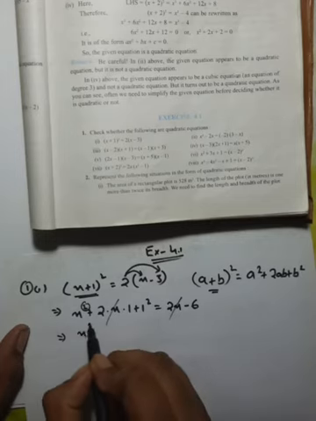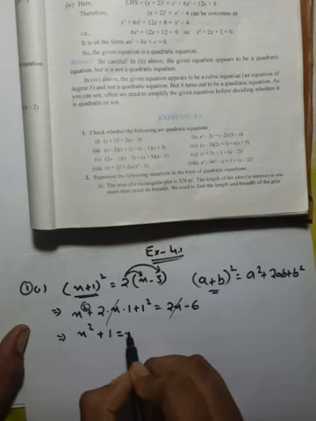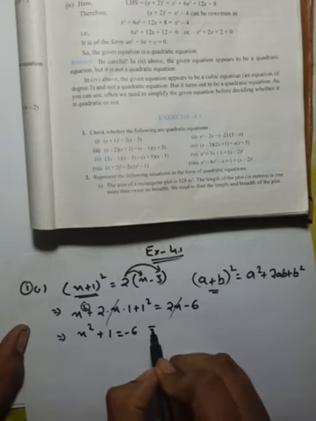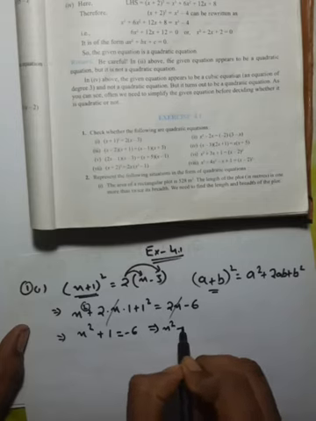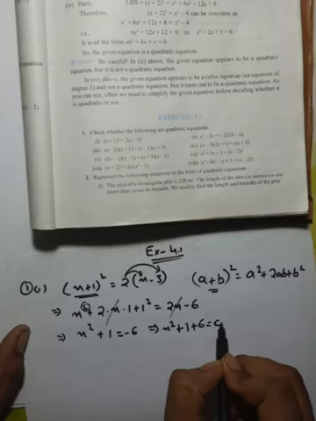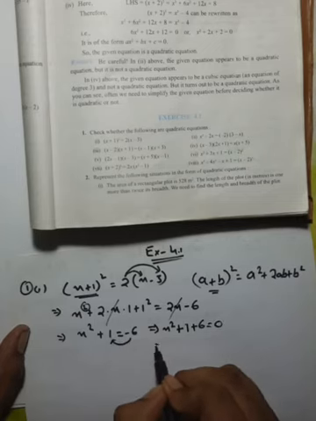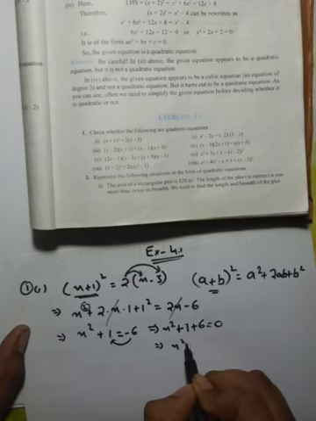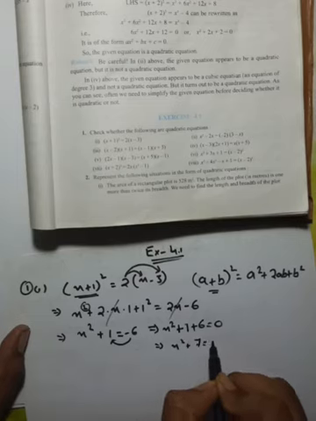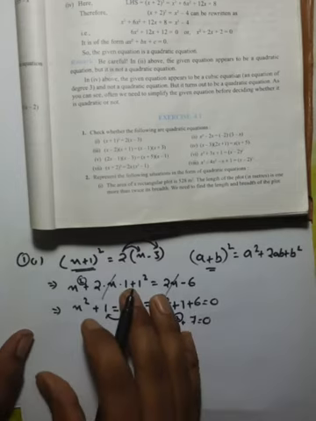So x square plus 1 is equal to minus 6, or x square plus 1 plus 6 is equal to 0. This 6 can be taken to this side. So the final answer is x square plus 7 is equal to 0, and you can see the highest power is 2.